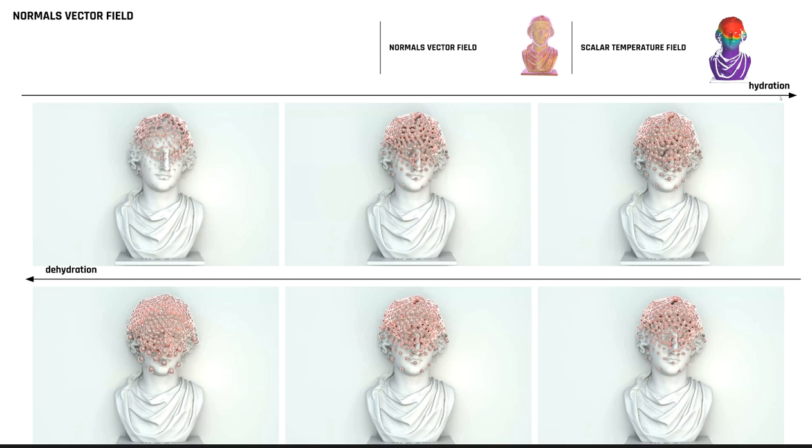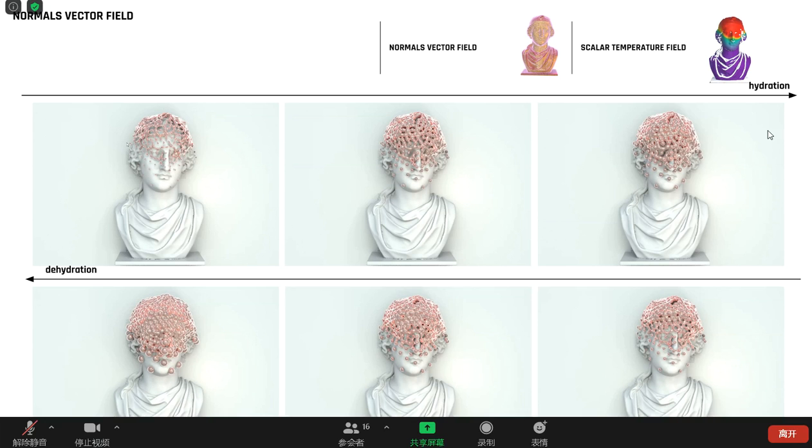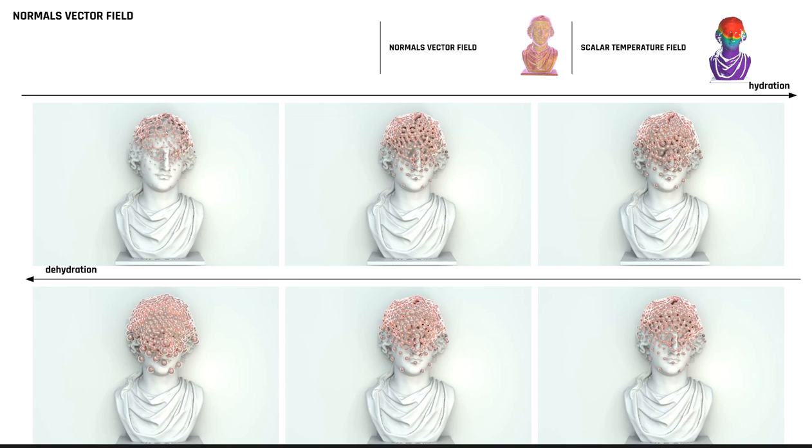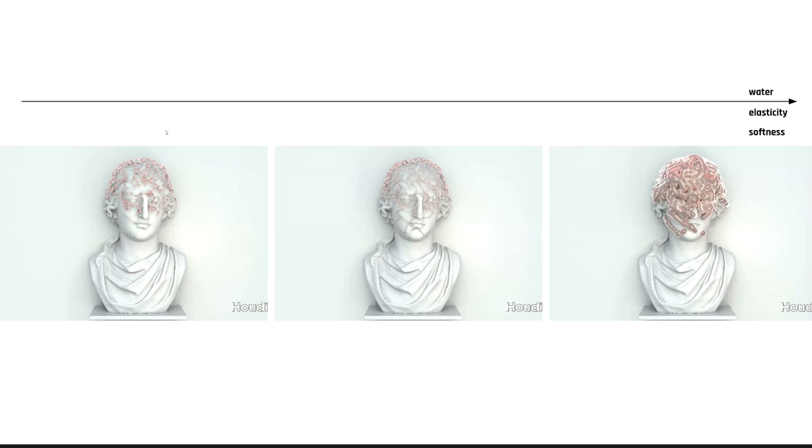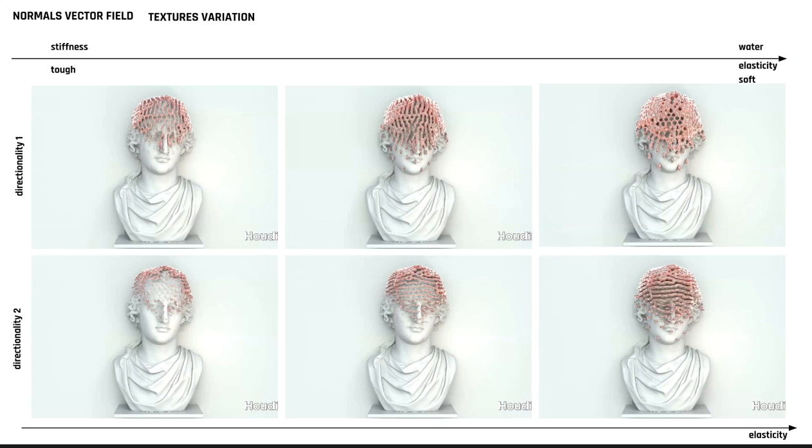So we could say that this is the hydrated, while this is the stiffer and the dehydrated example. And the same works here with different patterns distributed, and again with different textures, studying how directionality plays a role, going from the stiffer to the more elastic one.